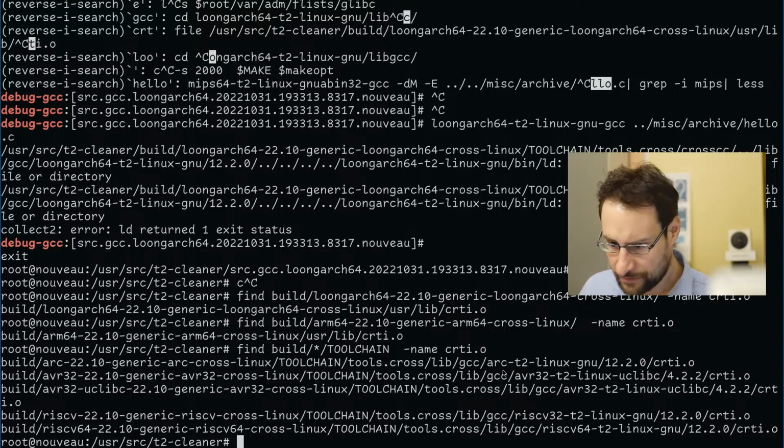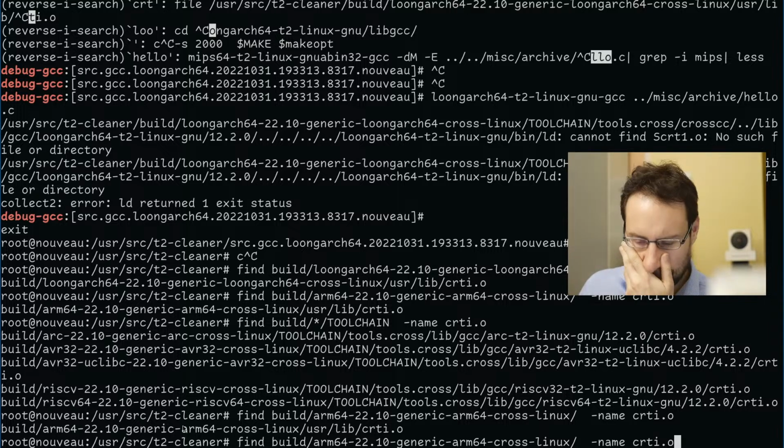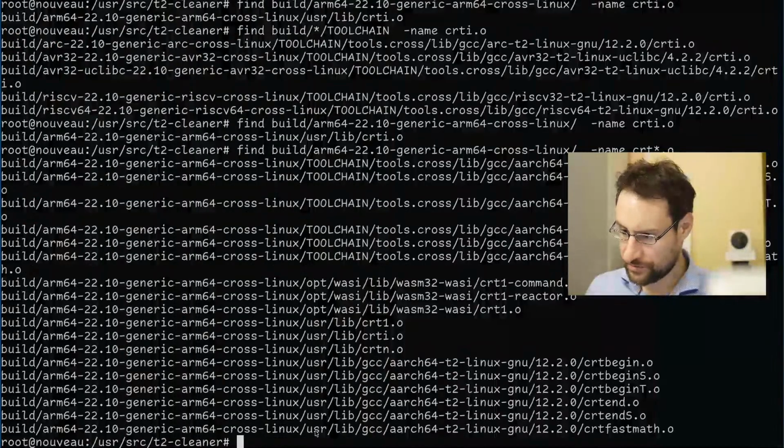Oh wait, why do we not find the... Well, the ARM version doesn't have it. What is going on here? Why do we not have an ARM CTI in toolchain? Or are they named differently?